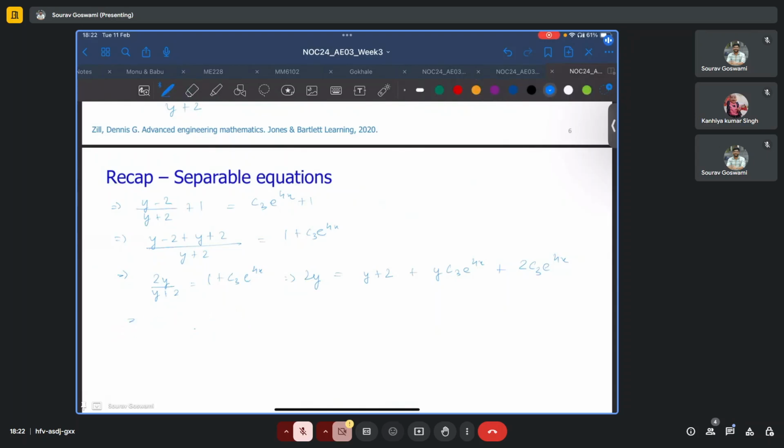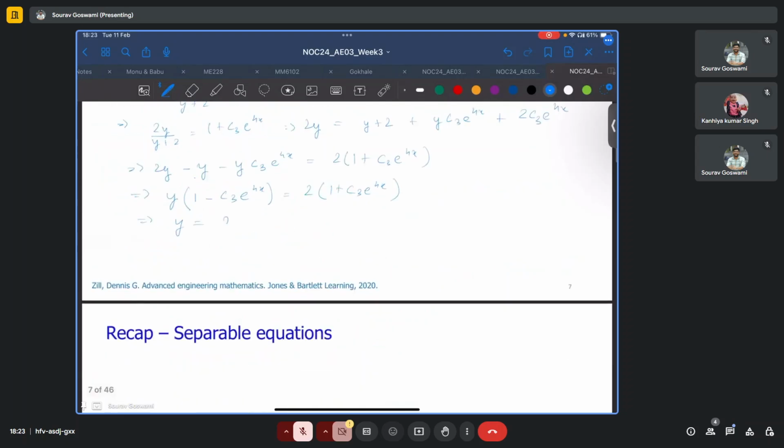We bring all y terms to the LHS, that is 2y minus y C3 e^(4x) equals 2 times (1 plus C3 e^(4x)), or y times (2y minus y is y) (1 minus C3 e^(4x)) equal to twice (1 plus C3 e^(4x)), which can give us y equals twice (1 plus C3 e^(4x)) by (1 minus C3 e^(4x)). And now this is the other form, y equals something.